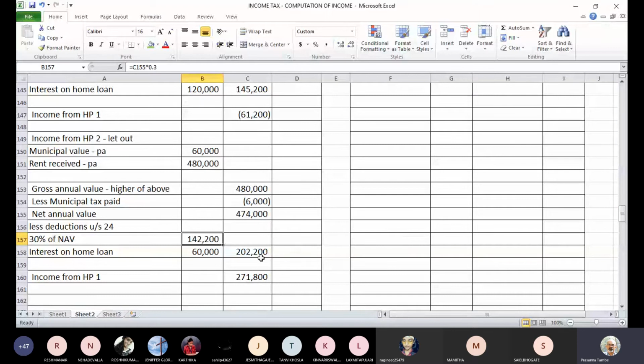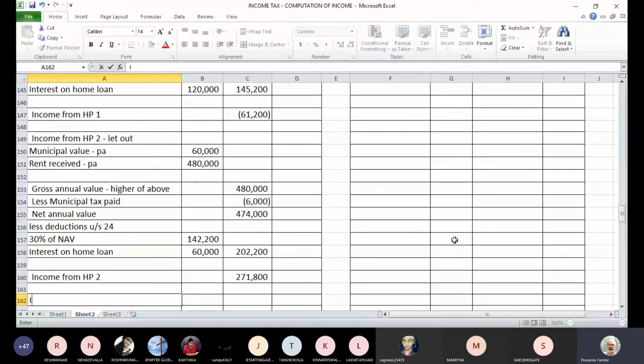So total of deductions comes to 2,02,200. 4,74,000 minus 2,02,200, the income from HP2 is 2,71,800. The second house property gives a positive income of 2,71,800 rupees.